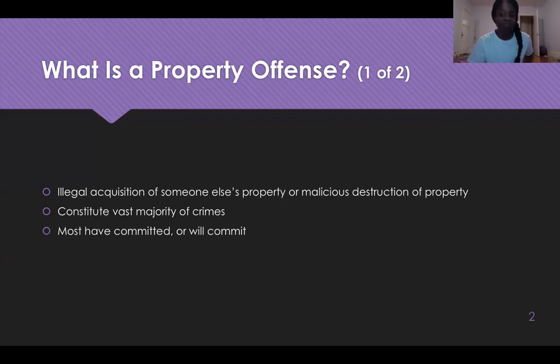They constitute the vast majority of crimes, and most people have committed or willingly committed a property offense of some kind, such as siphoning items from work or shoplifting, etc. Property crimes involve everything from teens vandalizing someone's mailbox to sophisticated gangs stealing property worth millions from a museum or from someone's mansion. Okay.